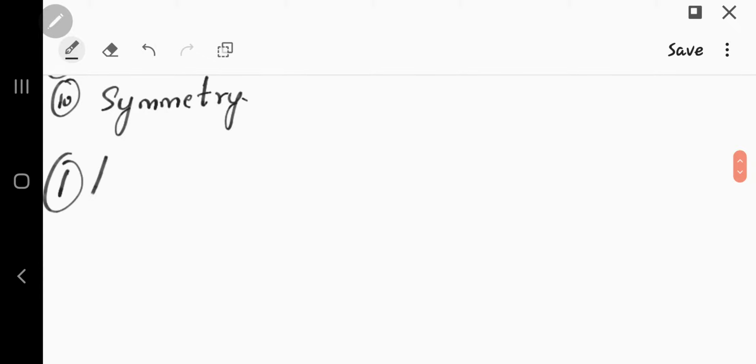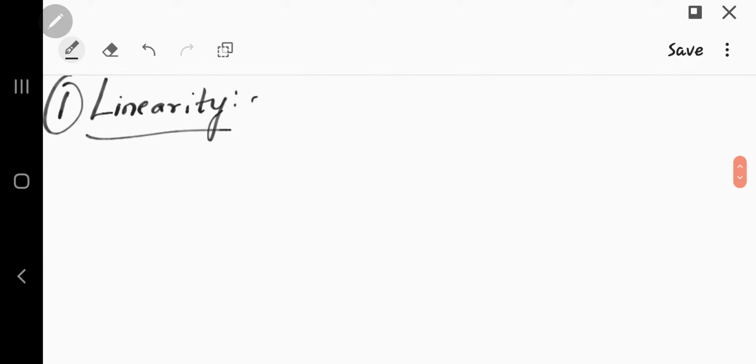Let's start with the first property, that is linearity. What does the statement of linearity say?